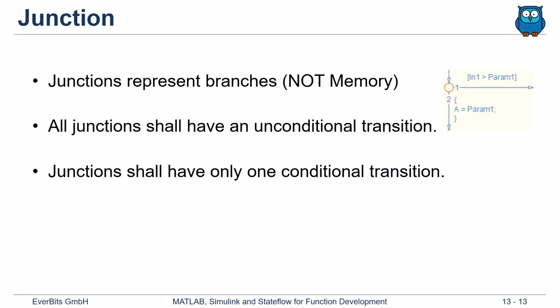This is the conditional transition that will be executed first, and then the second transition does not have any condition. It does have only one action. It might have more actions, but it does not have any condition, and that's why it is called an unconditional transition, and this is the second which will be executed.